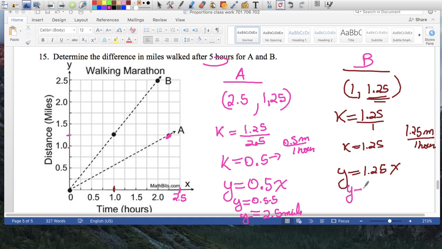For person B, y equals 1.25 times 5, and that gives us 6.25 miles in 5 hours. So definitely he walks much more. Okay, very straightforward.